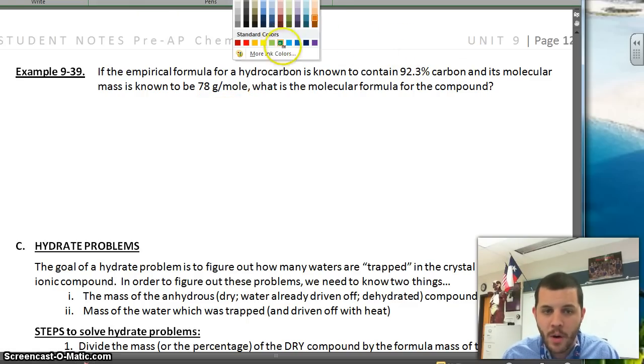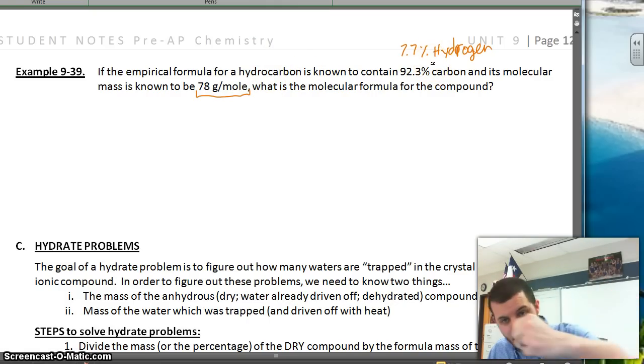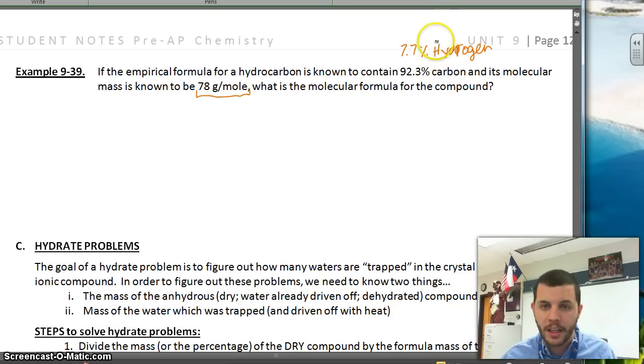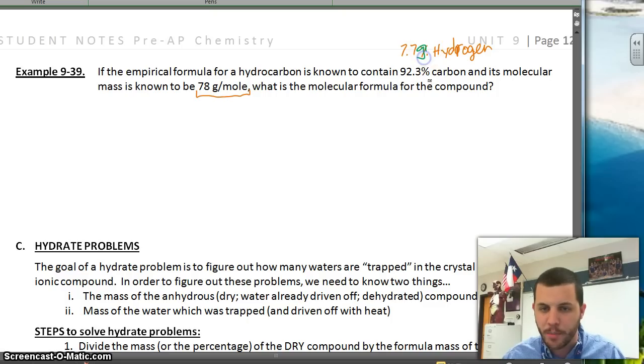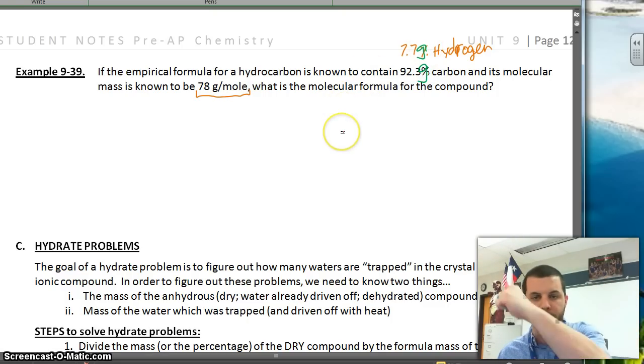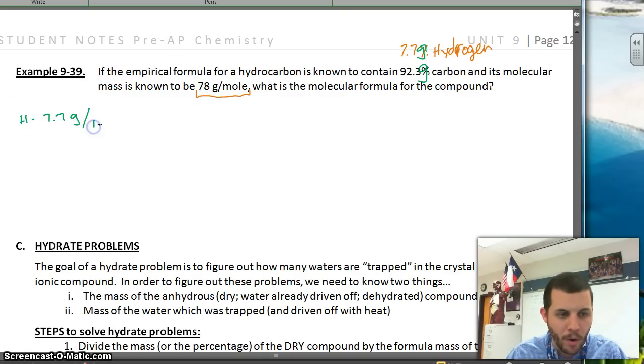Okay, and so now in order to do this problem, I need to calculate my empirical formula by doing my empirical formula routine. Okay, so my first thing is percent to mass. In order to do percent to mass, I'm just going to change these percent signs to grams. Done. Okay, then I'm going to do mass to moles. So for hydrogen, I've got 7.7 grams divided by 1.01 equals 7.624 moles.